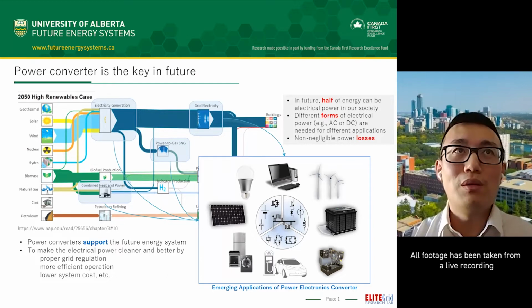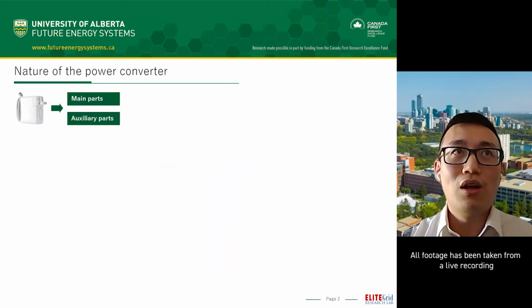Most importantly, the power converter serves as a critical interface when we want to adopt renewable energy into our grid. Here we take a look at the details of the power converter.